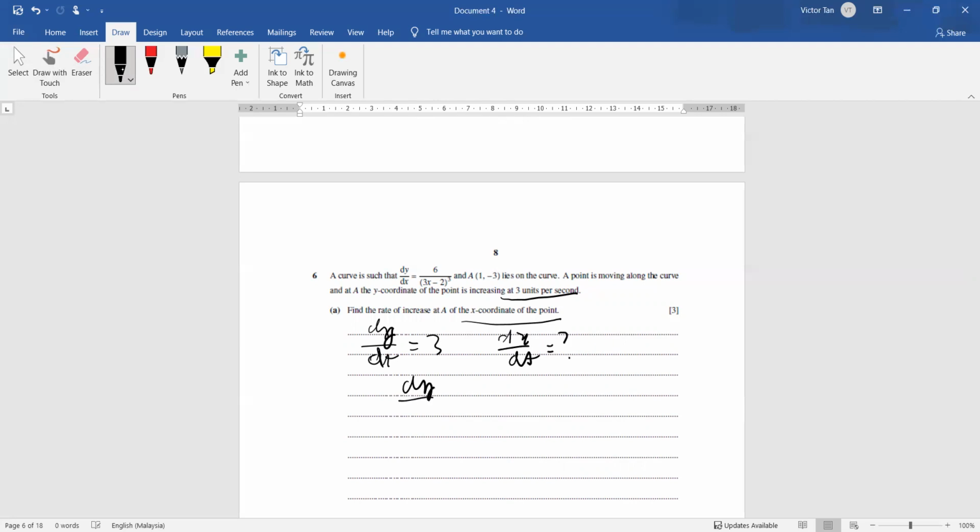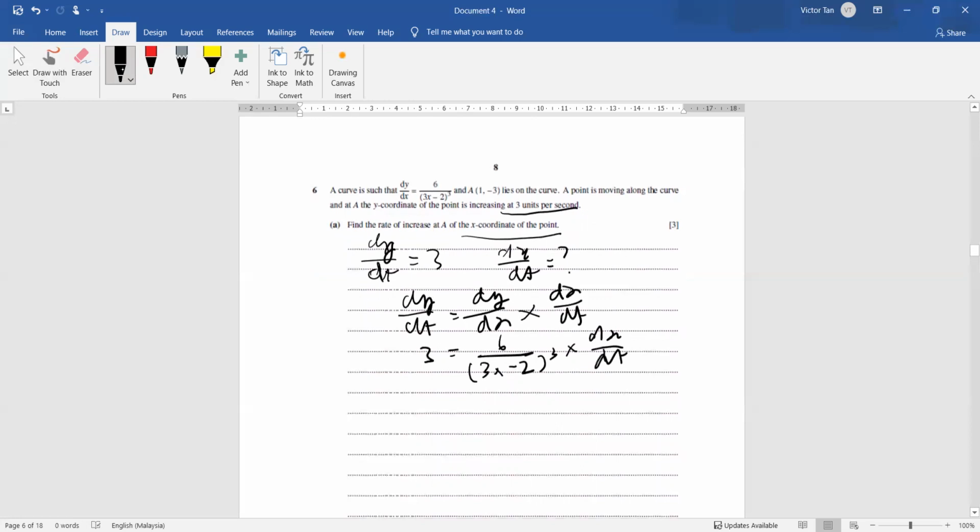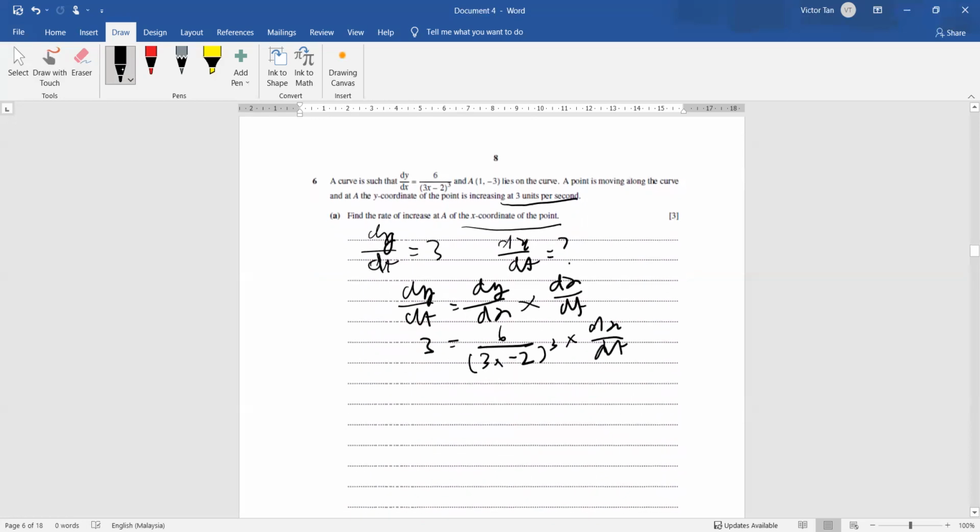Writing the related rate of change, dy/dt equals dy/dx times dx/dt. So this will be 3. This is 6 over (3x minus 2) cubed times dx/dt. Now at A, the value of x is 1.